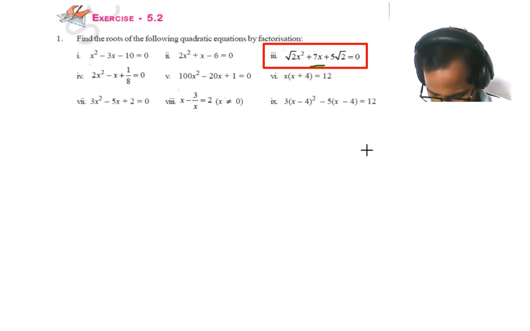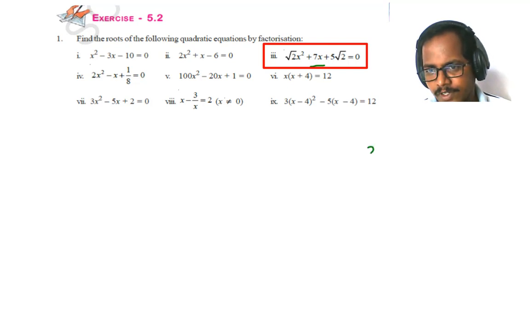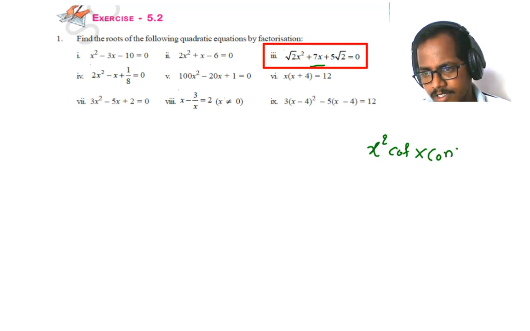So let us first find the product of the x square coefficient and the constant. Here the x square coefficient is root 2. So root 2 into, the constant is 5 into root 2.